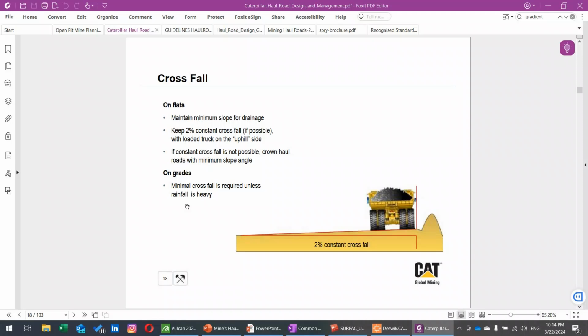And again, just remember that it is different than super elevation. That's the lateral slope we may aim for in our design at curves, for example at switchbacks.